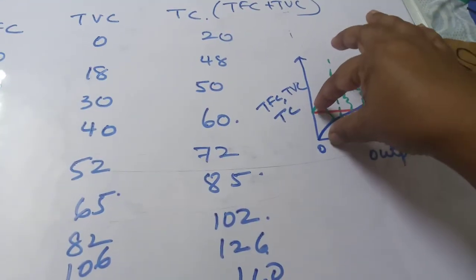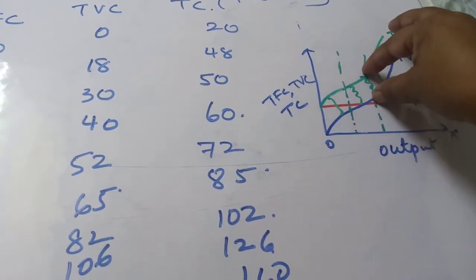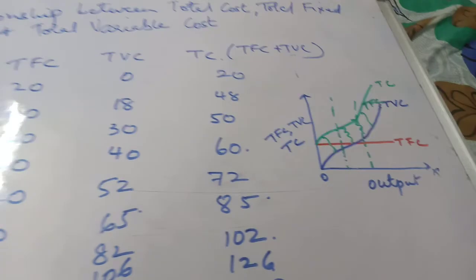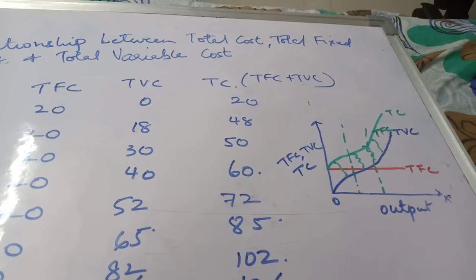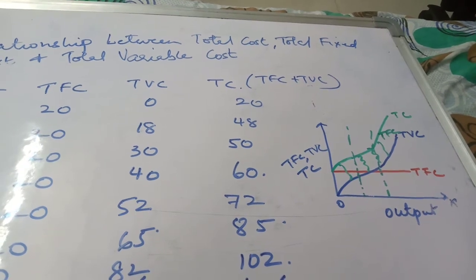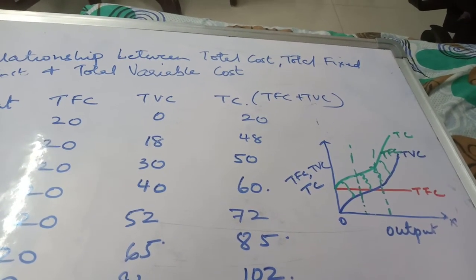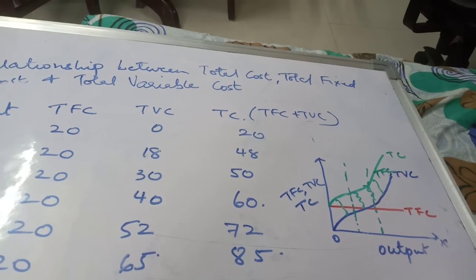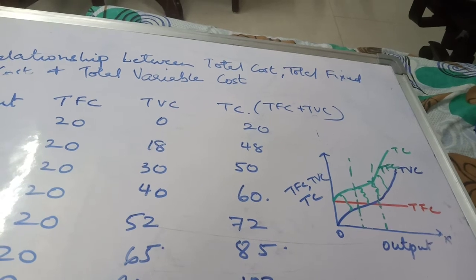See, first it is this much, then it is this much, this much, this much, this much, and it goes on increasing. Again, the vertical distance between TC and TFC represents TVC. Since TVC rises with increase in output, the difference between TC and TFC increases with increase in output.